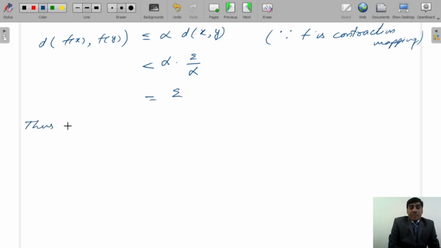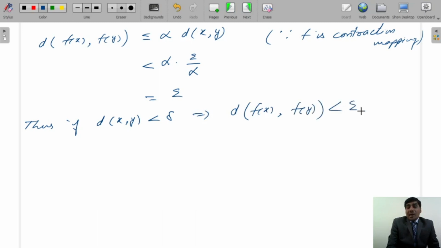Thus, if distance between x and y is less than delta, this implies distance between f(x) and f(y) is less than epsilon. Hence, f is uniform continuous on X.